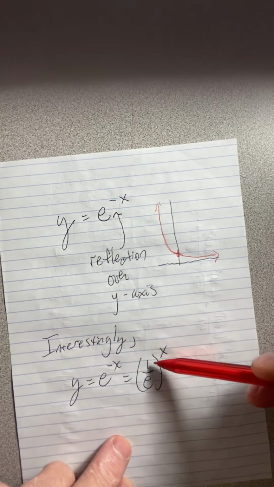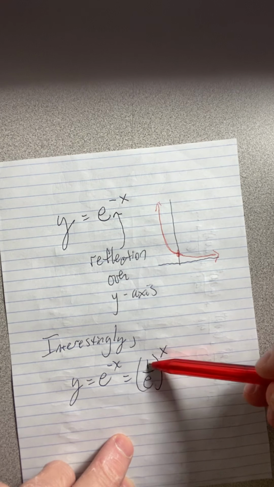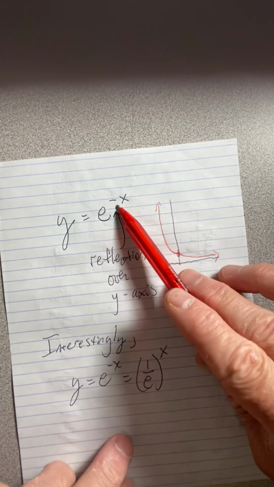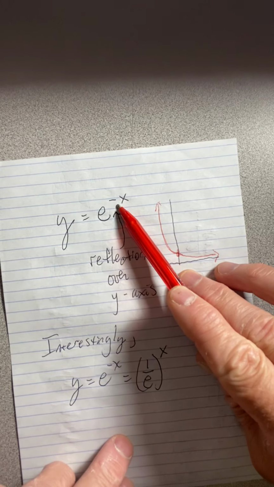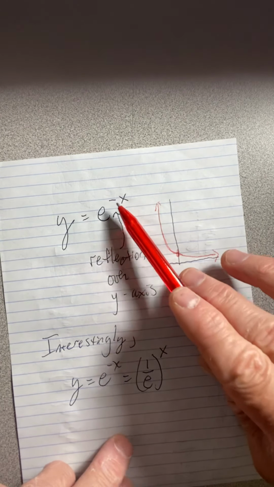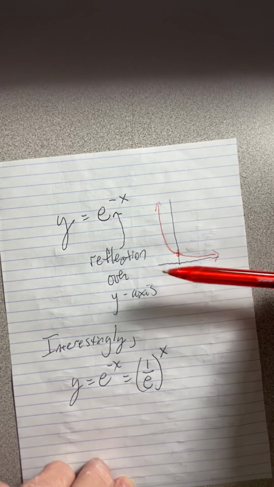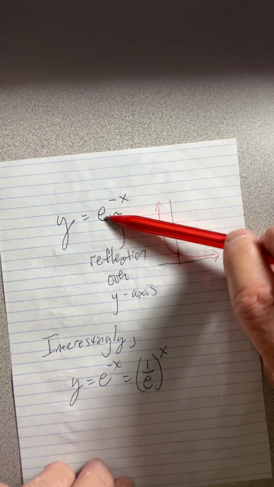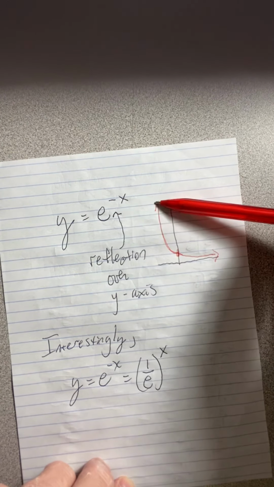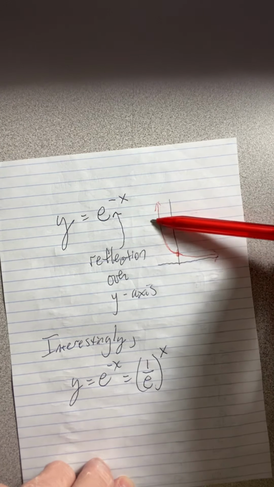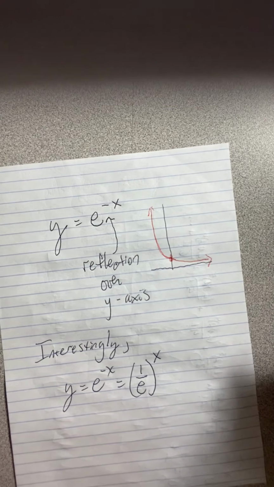So either your base will be 1 over e, or you will have a negative coefficient. I think I wrote it with a negative coefficient. So whenever there's a negative coefficient up here and you have e as your base, that means you have an exponential curve that's decreasing. So you have what's called exponential decay, rapid decay.